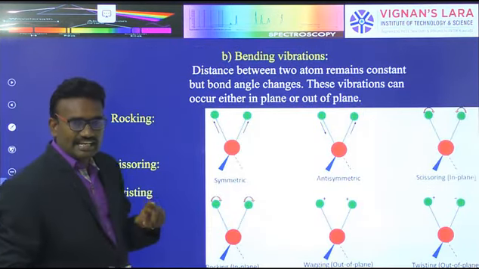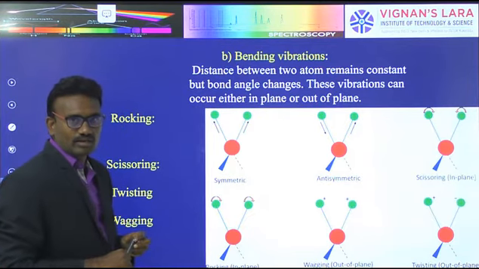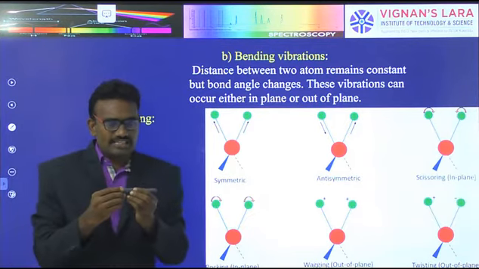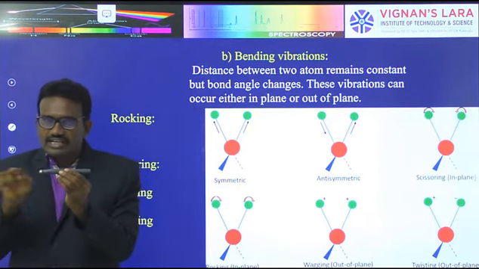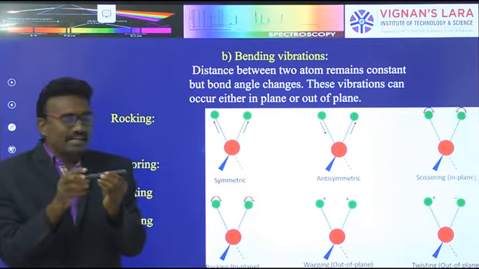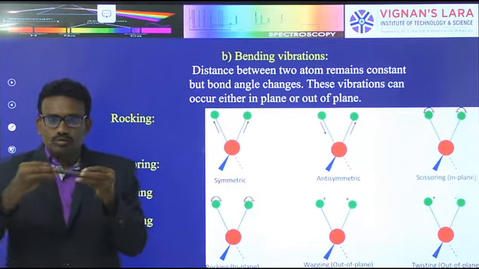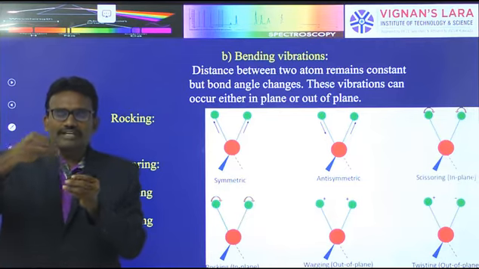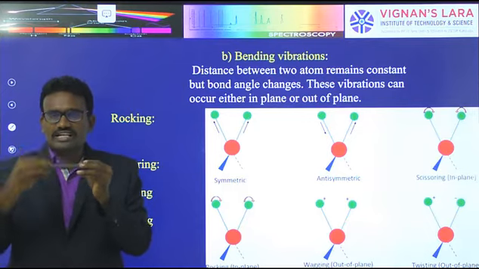Next, the second vibration is the bending vibration. Stretching vibrations mean the bond length increases or decreases. Bending means the bond length does not increase or decrease; only the atoms are bent, either on the same side or on different sides.